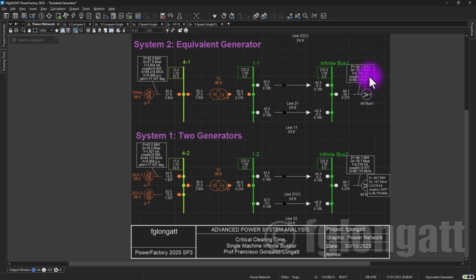You can see that in both cases, two generators or the equivalent generator, the active power that we are receiving at the infinite bus bar is the same, 84.7 megawatts.